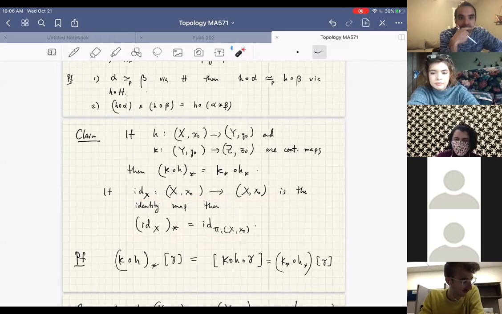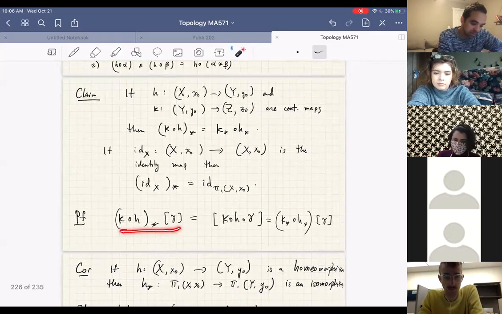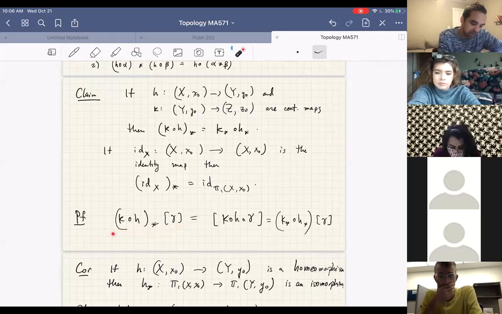Checking these is completely straightforward, right? For example, what does this mean? By definition of this induced map, this is the homotopy class obtained by composing the loop gamma with this map.